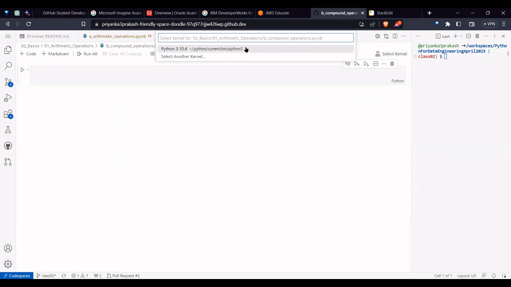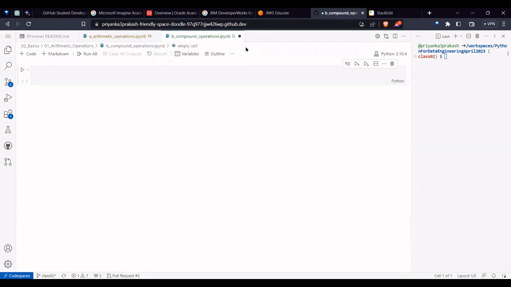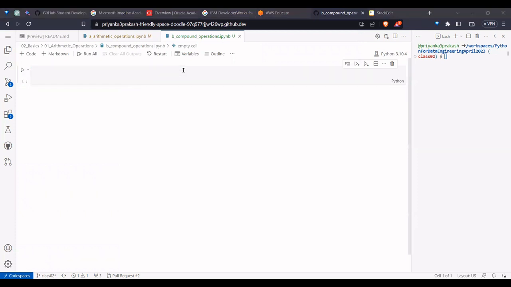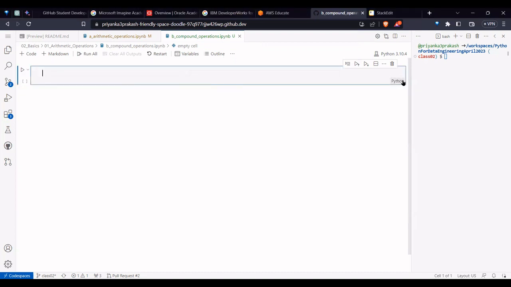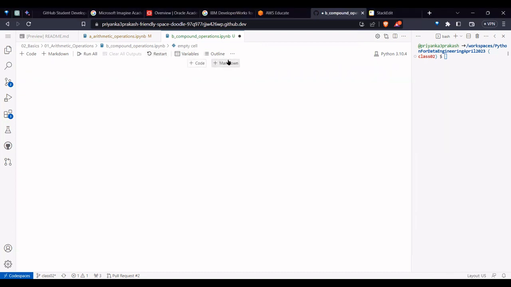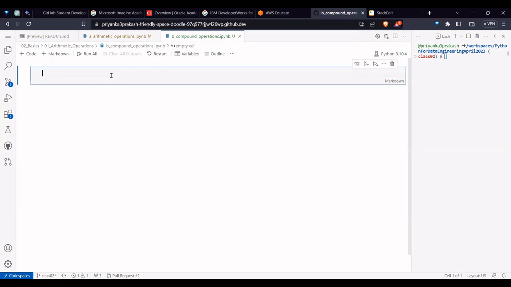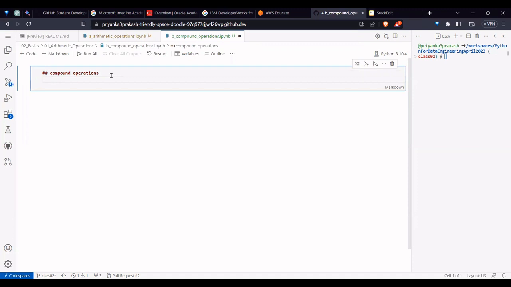First I need to select the kernel, which means your Python environment is selected. Now we can work. So what is a compound operation? First, I don't want a code cell, I want a markdown cell. What is a compound operation? Till now we know addition, subtraction, multiplication, division, floor division, and modulo, which means the remainder operation.